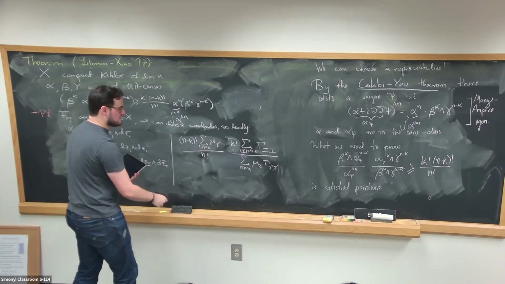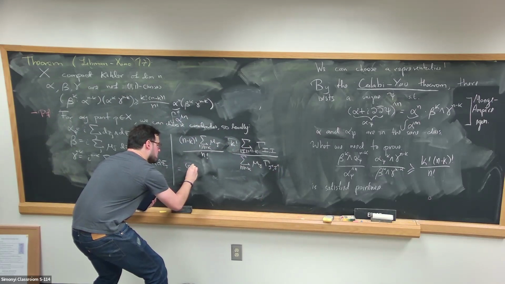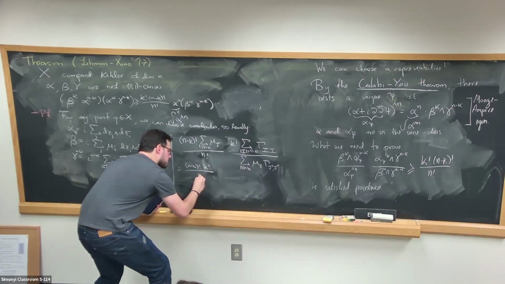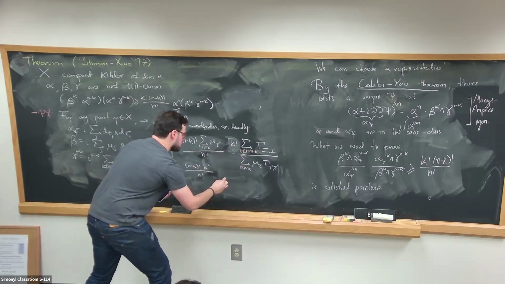And if we rewrite this with a little bit of care, this is just k factorial divided by n factorial, times this guy times this guy divided by this.